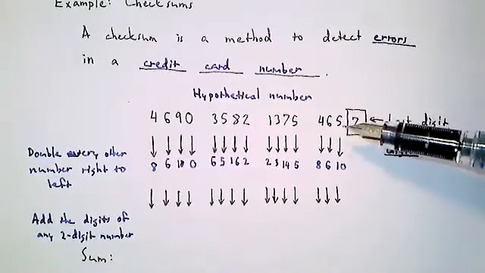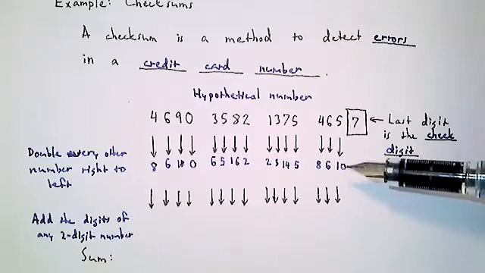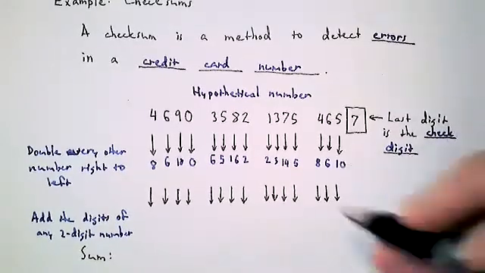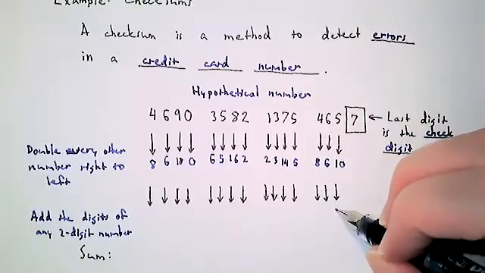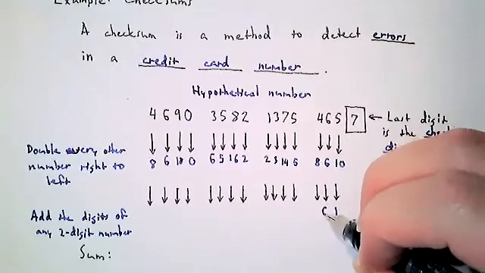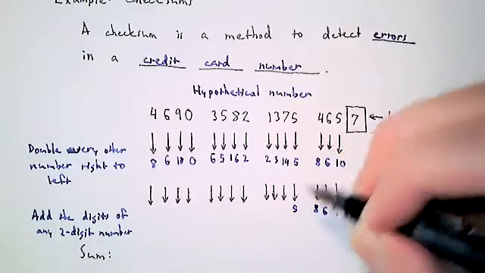So starting at the right again, we doubled 5 to get 10, which created a 2-digit number. So that means we need to add the 2 digits, 1 and 0, to get 1. And the rest of the numbers we'll leave alone. So the 6 and the 8 will just carry down, and then so will this 5.